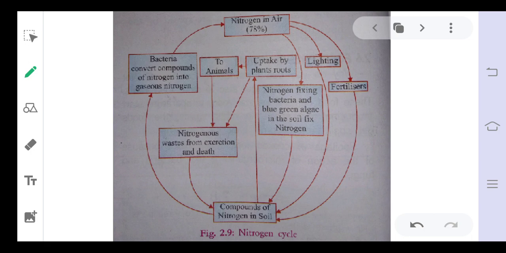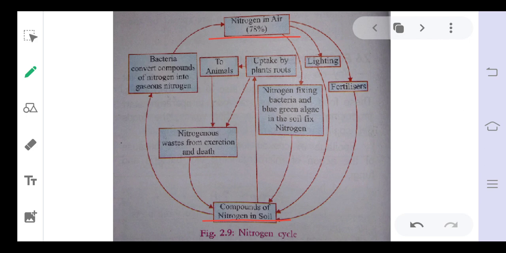In this diagram you can see the cycle of nitrogen. Nitrogen is present about 78% in our atmosphere, and it cannot be utilized by the plants directly unless it is converted into nitrogen compounds.